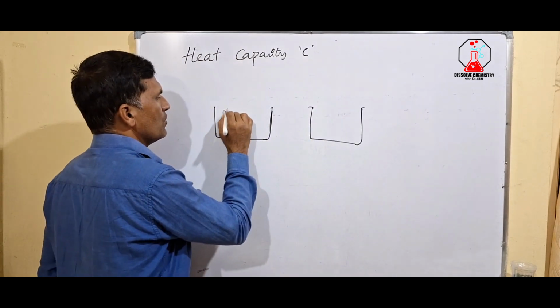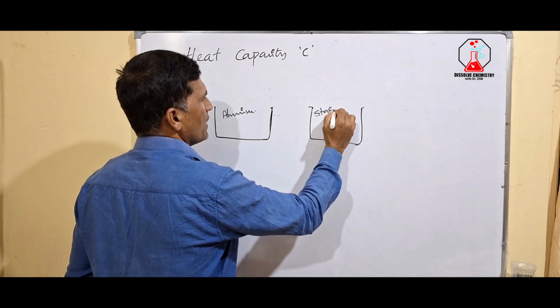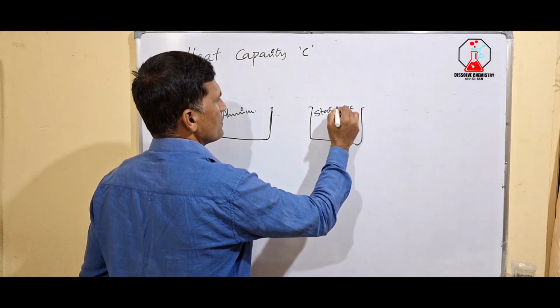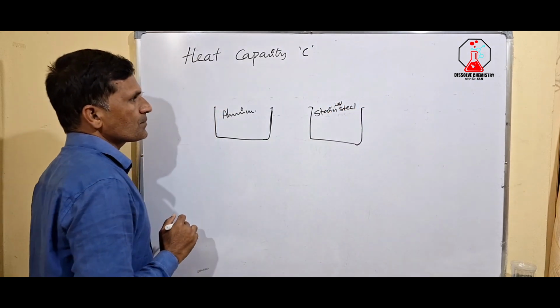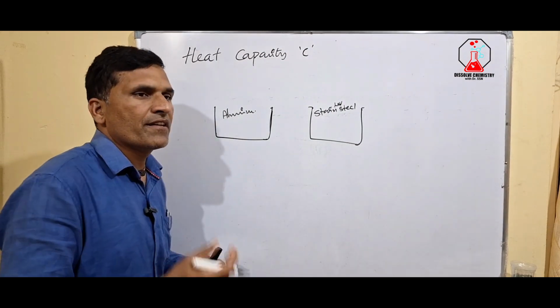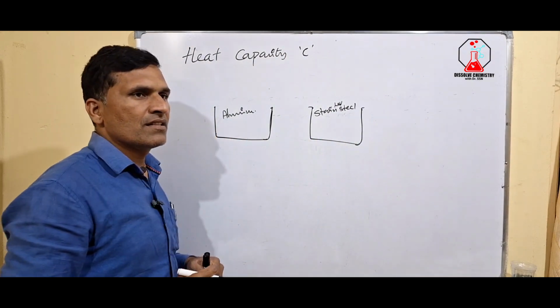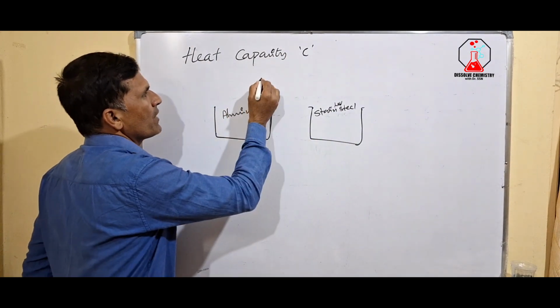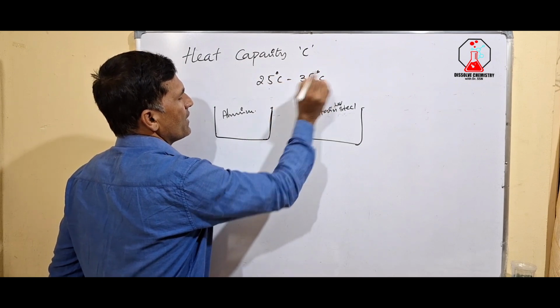Okay, one is aluminium, another one we will take as stainless steel. Now our experiment is how much heat energy is absorbed by the two different vessels between the temperature 25 degrees Celsius to 35 degrees Celsius.